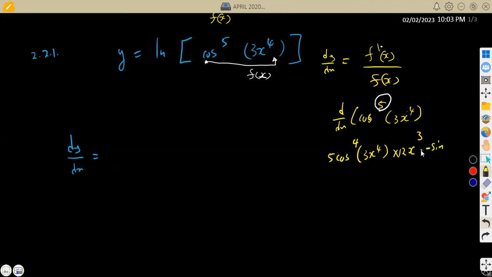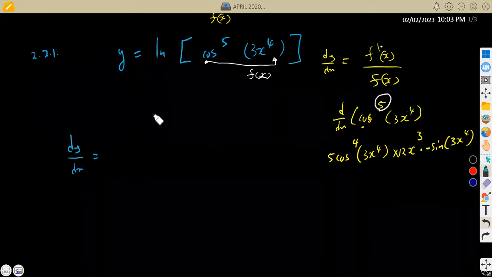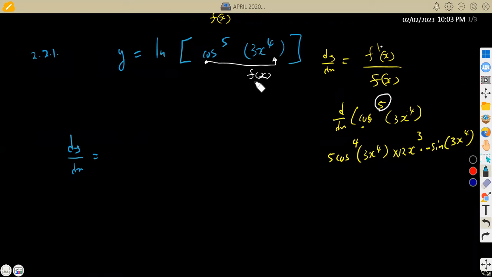So you multiply by the negative of sine, and this trig part remains as it is. You're just finding the derivative of cos, which is negative sine. So this part is going to remain as it is, of 3x to the exponent of 4. All right, so that is what we're going to have from this part of f of x.